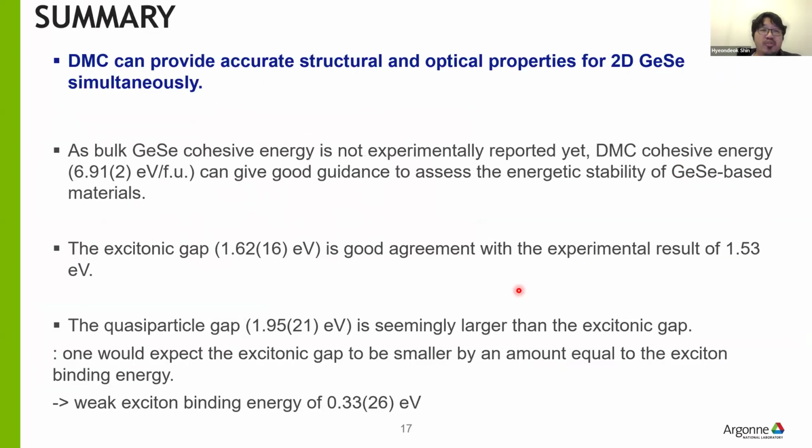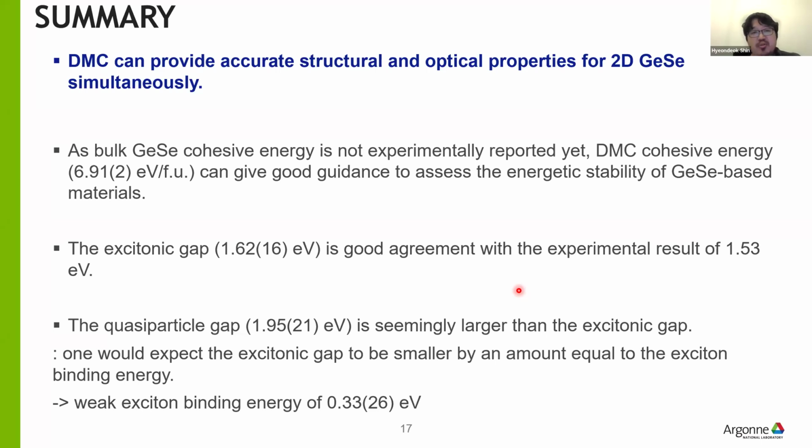So here are some quick summaries from our bulk germanium selenide studies. DMC can provide accurate structural and optical properties for the germanium selenide systems simultaneously, both the optical properties and the electronic properties. As I just said, the bulk germanium selenide cohesive energy has not been experimentally reported yet, but the DMC cohesive energy can give us good guidance to assess the energetic stability of bulk germanium selenide-based materials.